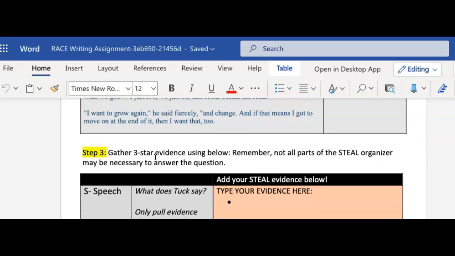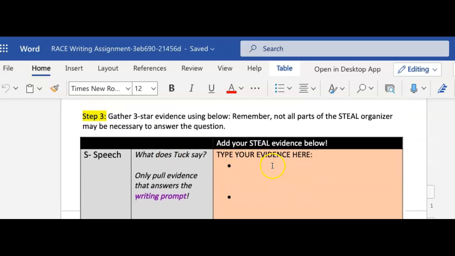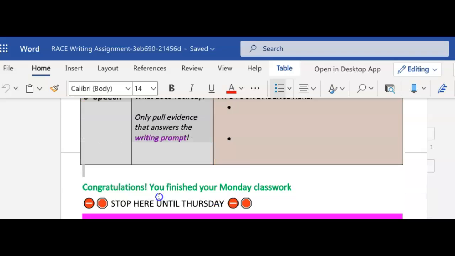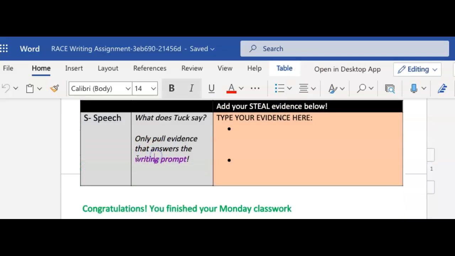Then down at the bottom where it says Step 3, you're going to type your 3-star evidence here, just focusing on the S, the speech of STEEL. So 3-star evidence that shows what Tuck says that answers our writing prompt.